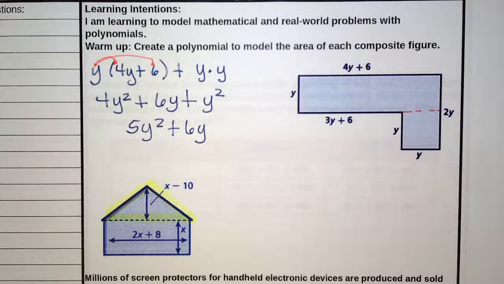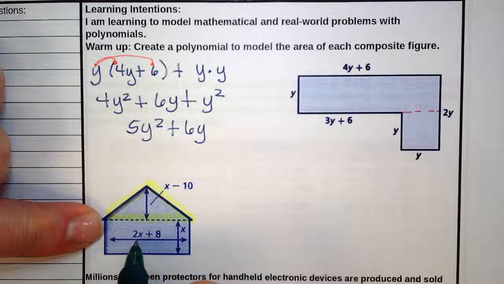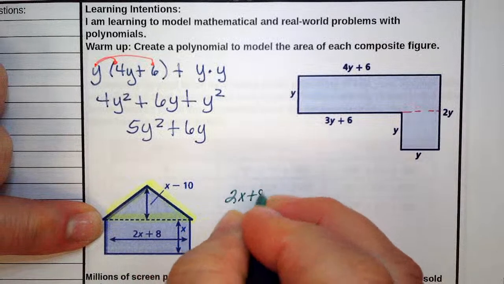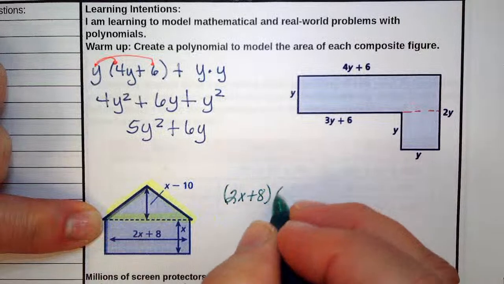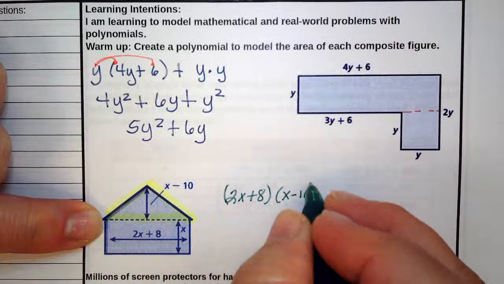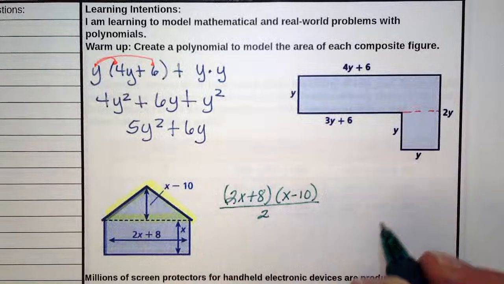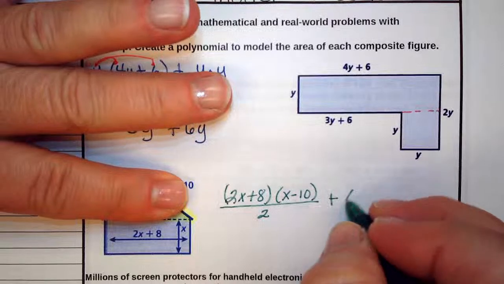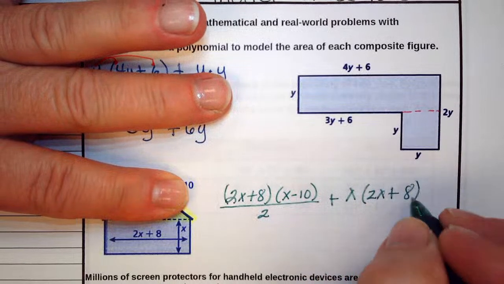So for the top area, the base is 2x plus 8. And I'm going to multiply by the height, which is x minus 10. That is all divided by 2. Plus, for the bottom area, x times 2x plus 8.